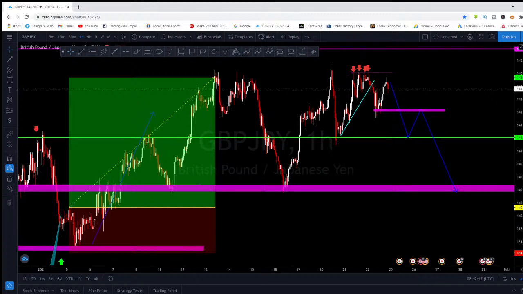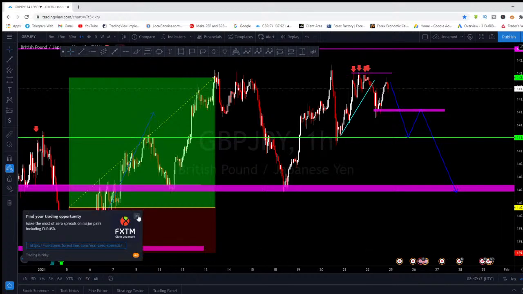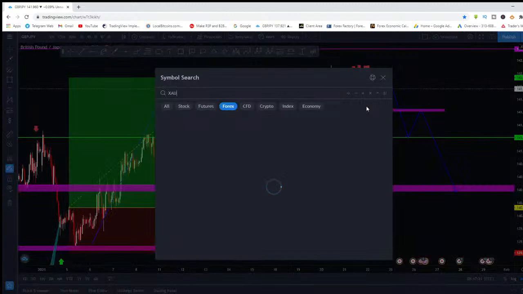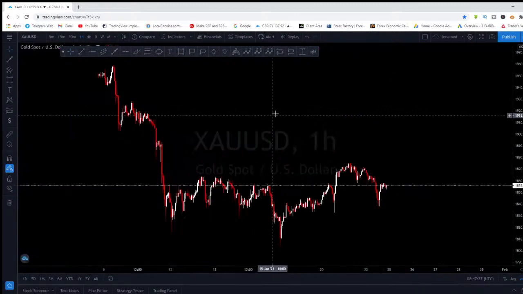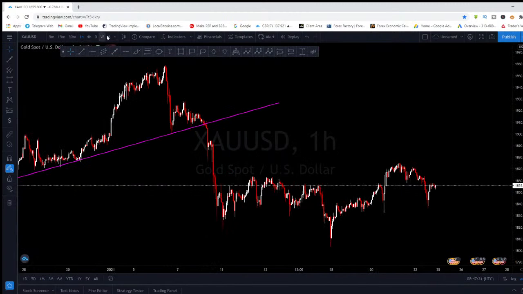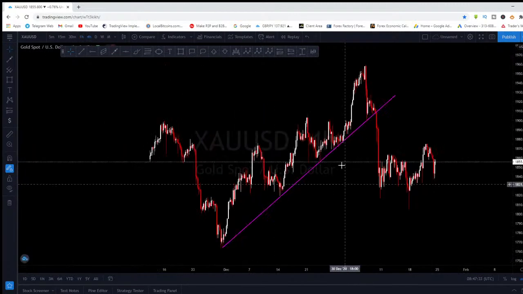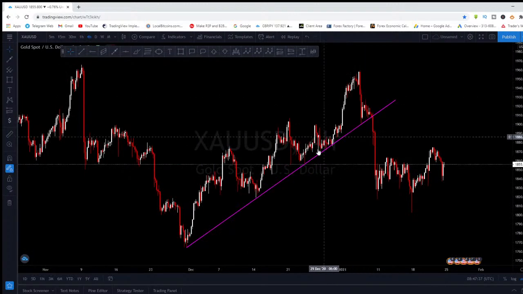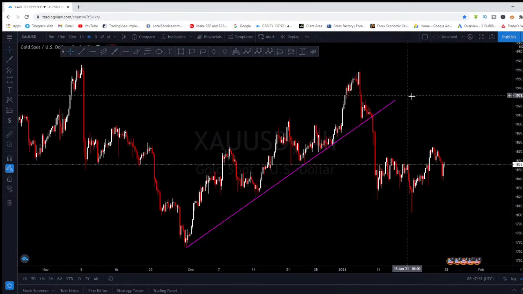Let me go down and start checking XAU USD, which is gold. It's a CFD gold. So this is gold, man, and let's go down to the 4-hour time frame. You see my trend line tried to move to the upside and broke out.